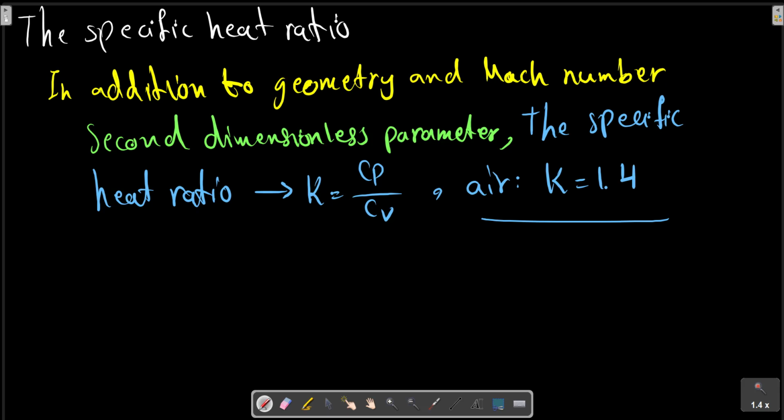The next subsection in this section is the real gas and perfect gas assumption.